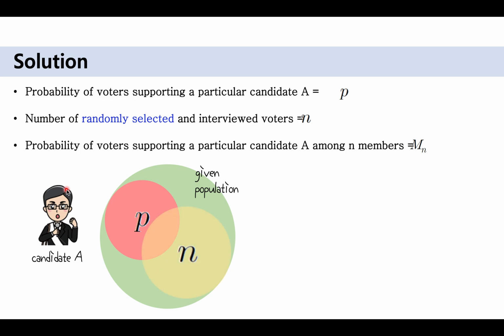N means the number of voters who are randomly selected and interviewed among the given population. Last, Mn means the probability of voters who support candidate A among N voters.